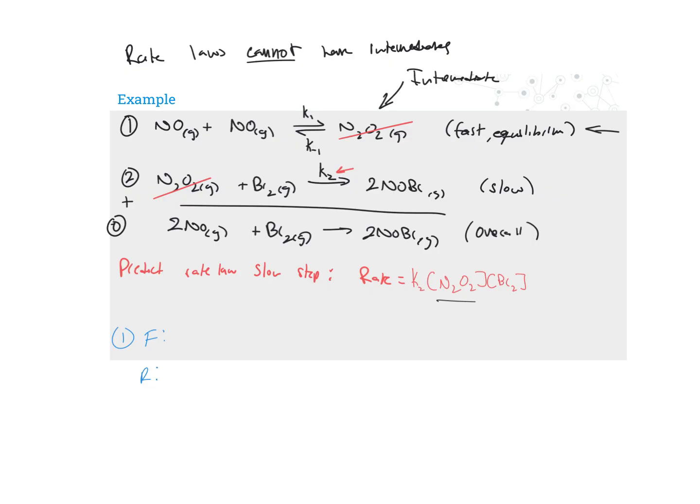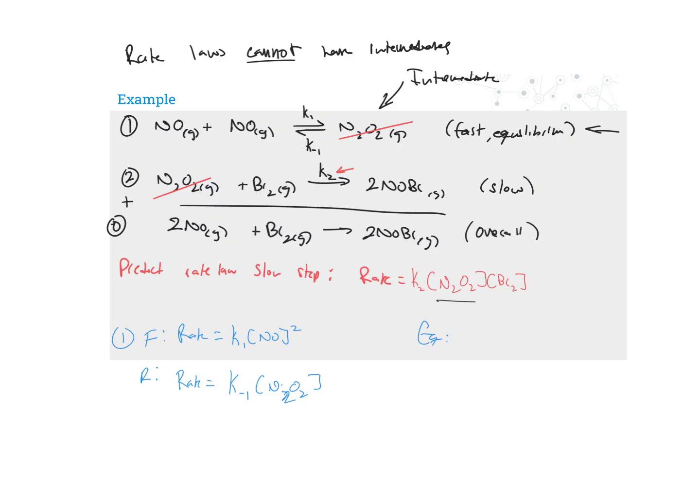Again, we always just do the rate constant times the concentration of reactants. So for the forward reaction, it's K1 times NO squared, because I have two of them. And for the reverse reaction, it's rate equals K minus 1 times N2O2. Now remember the definition of equilibrium.